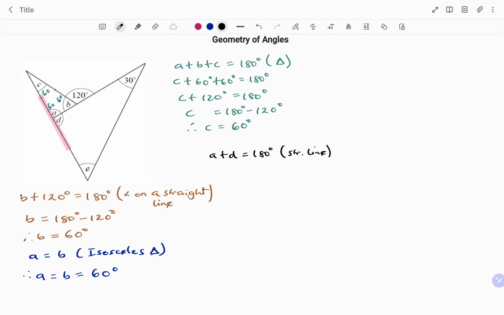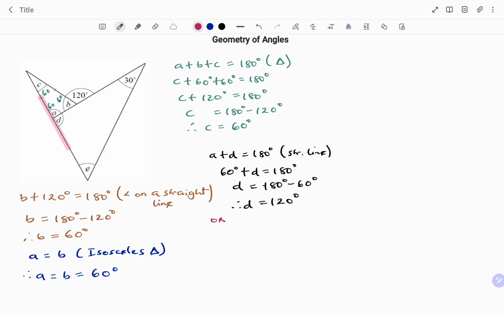And I know my A to be 60 degrees. So I have 60 degrees plus D equals 180 degrees. Therefore, my D is equal to 180 degrees minus 60 degrees. And therefore, the value of my D equals 120 degrees.